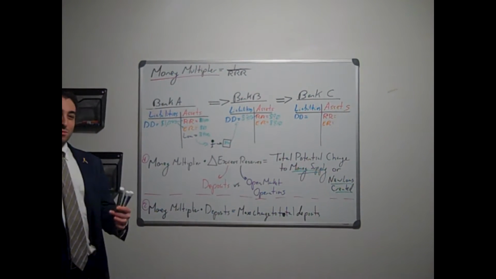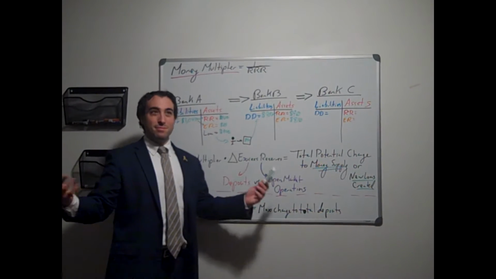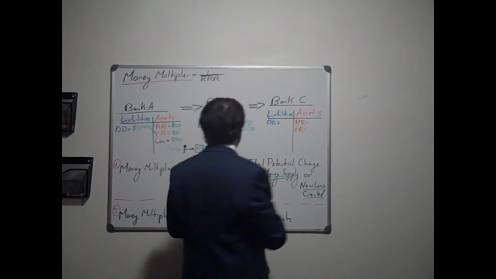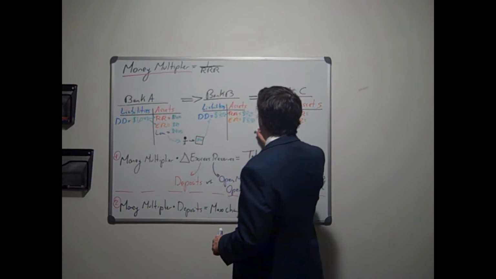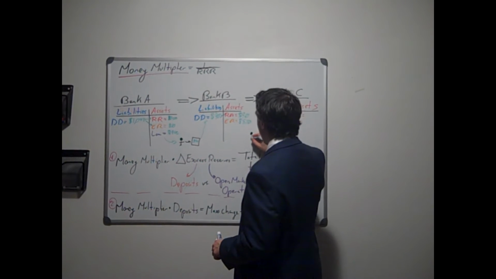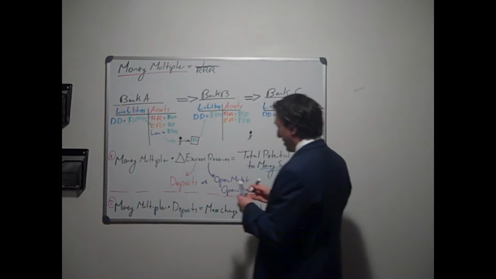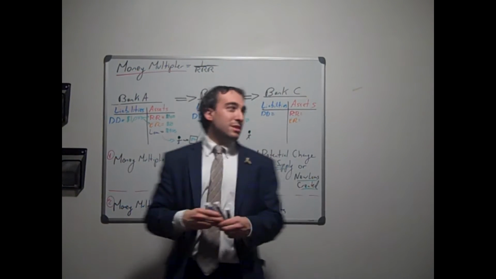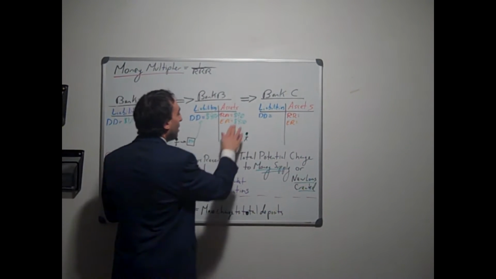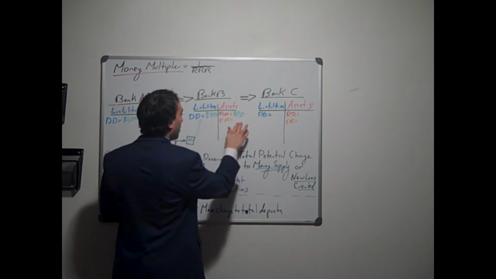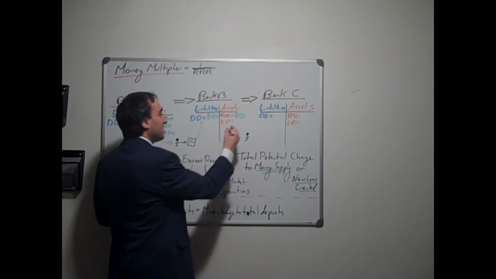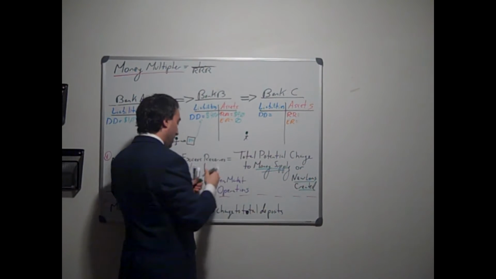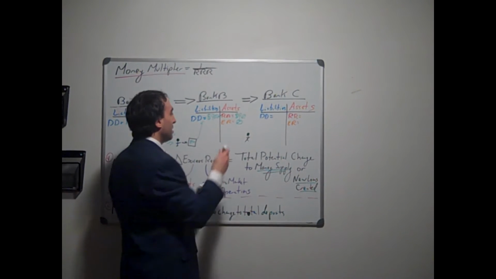What could the bank do with that $810? They could loan it. Someone comes to Bank B and says, "Can I borrow money?" After a solid credit check, the bank says, "Indeed," and turns that excess reserve of $810 into a loan.